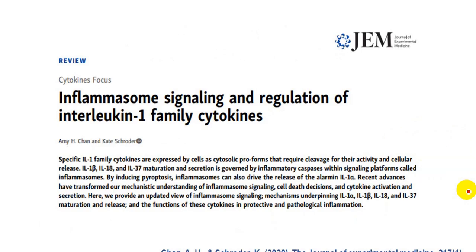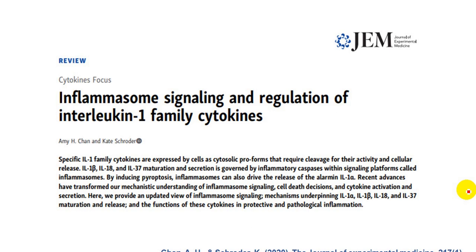When you talk about the types of cytokine, because this lecture is about the various types of cytokine, this is one of the prominent review papers that has come up in the Journal of Experimental Medicine: Inflammasome signaling and regulation of interleukin 1 family of cytokines.